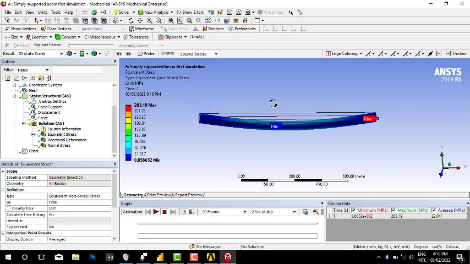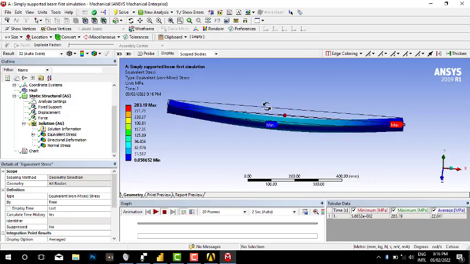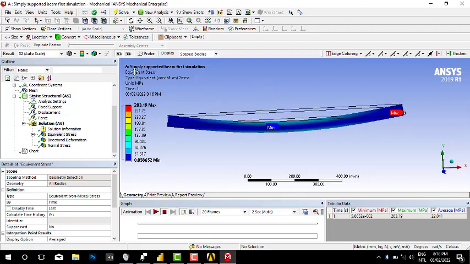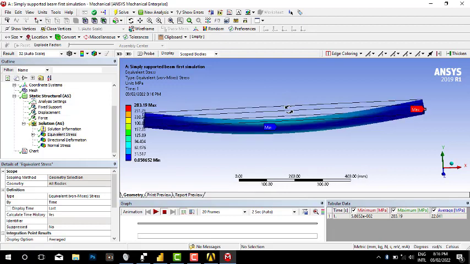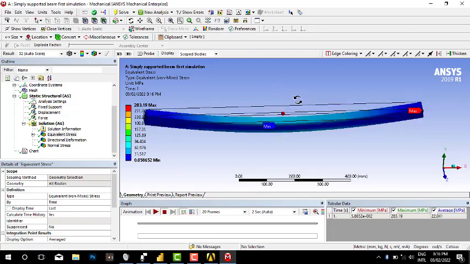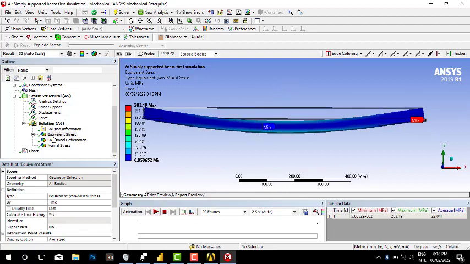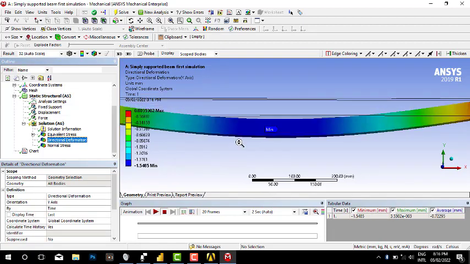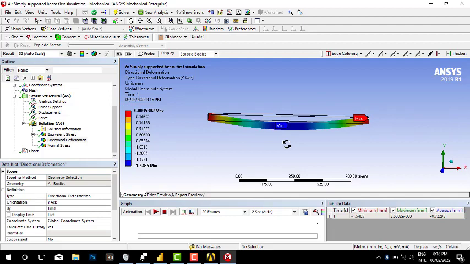This is the deformation you would expect if the material is structural steel. So you can see the deformation along the original path. Then we also have the directional deformation in the y-axis.